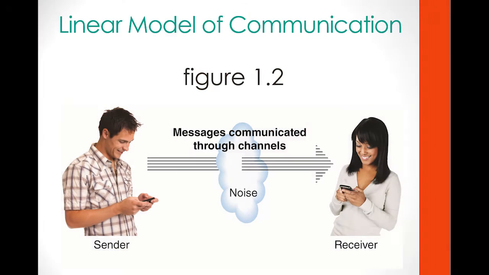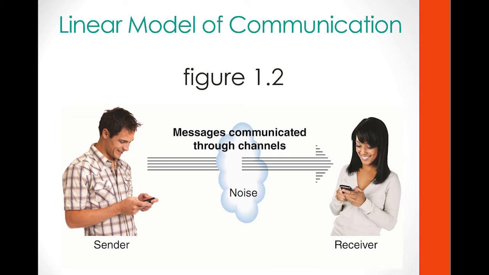So the communication process can be described by one of 3 models depicting communication from a simple to a more complex process. The linear communication model, okay? This depicts communication as an activity in which information flows in one direction from a starting point to an end point. So there must be a message.